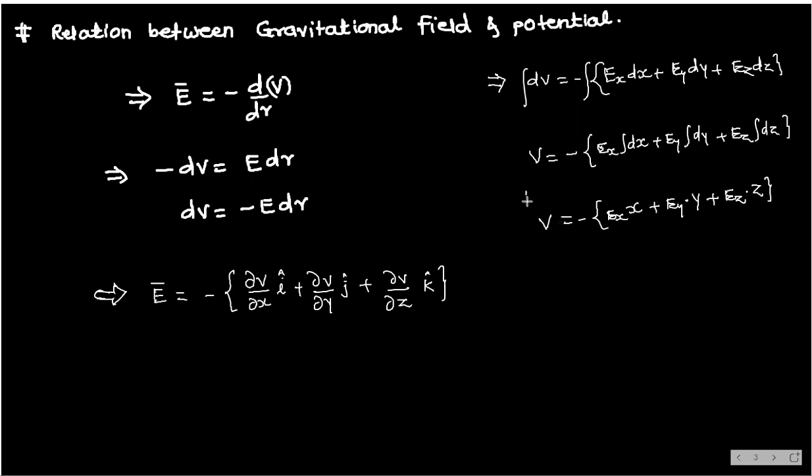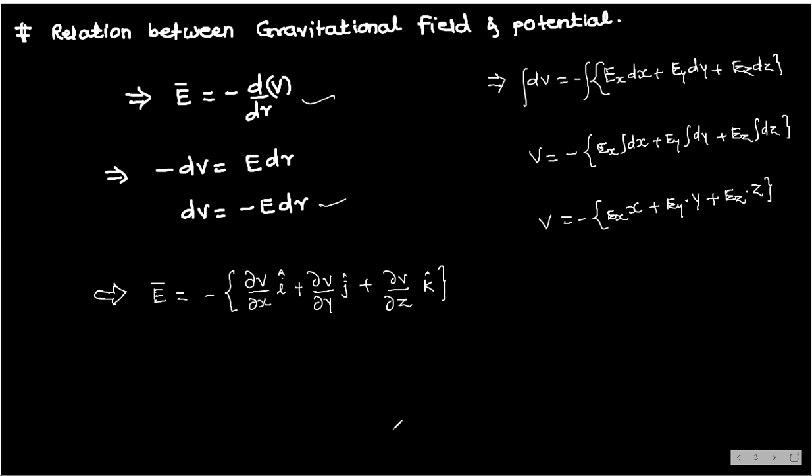So you see, if they are giving you either in integration form or derivative form, you should be able to find the gravitational potential or gravitational field. If potential is given, we can calculate gravitational field intensity by using this formula. If gravitational field intensity is given and dV is asked, you can use this formula. Understood?